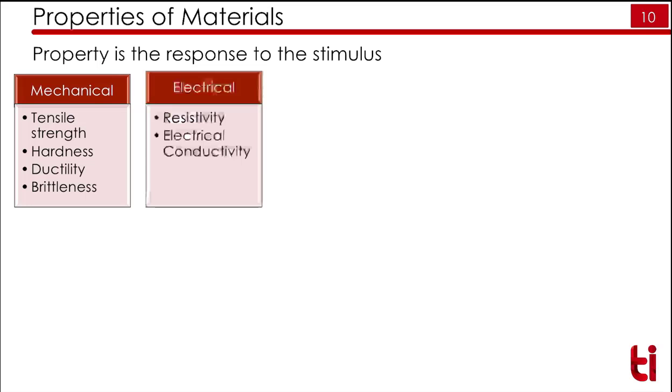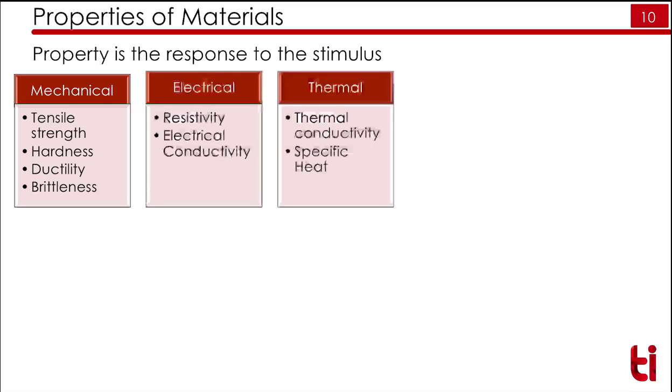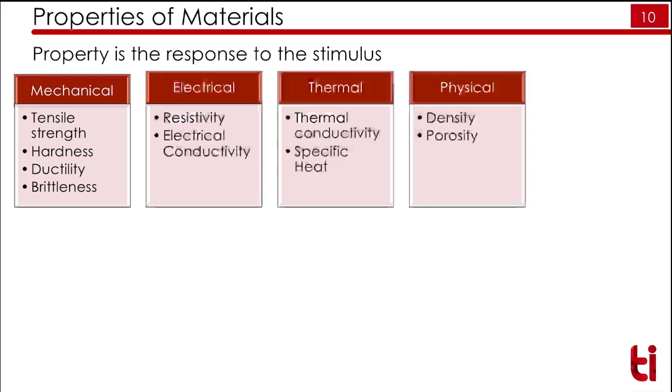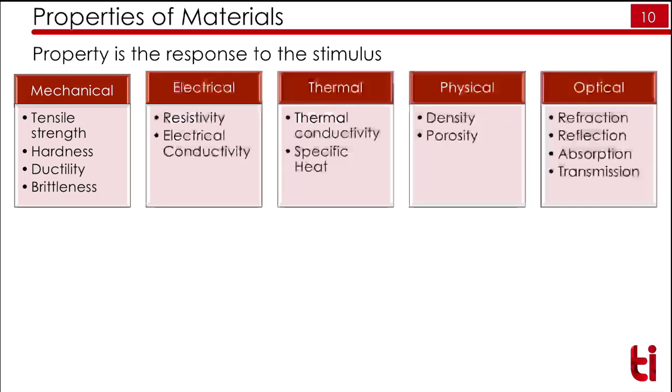In electrical properties, the stimulus is electric voltage or field, and the properties are resistivity and electrical conductivity. Thermal properties are thermal conductivity and specific heat. Similarly, the physical, general properties are density and porosity. Optical properties are refraction, reflection, absorption and transmission.